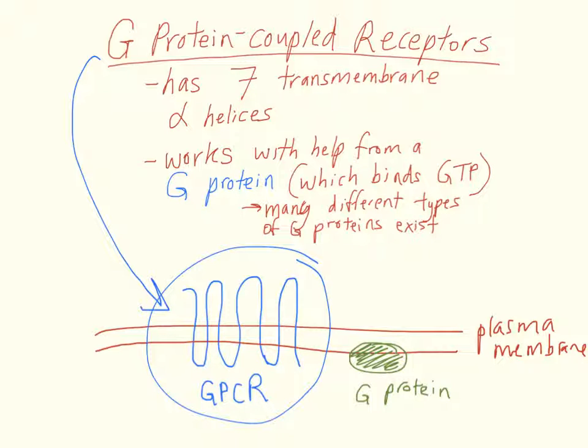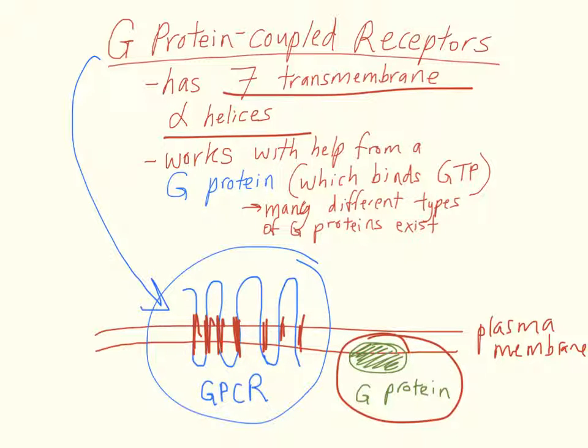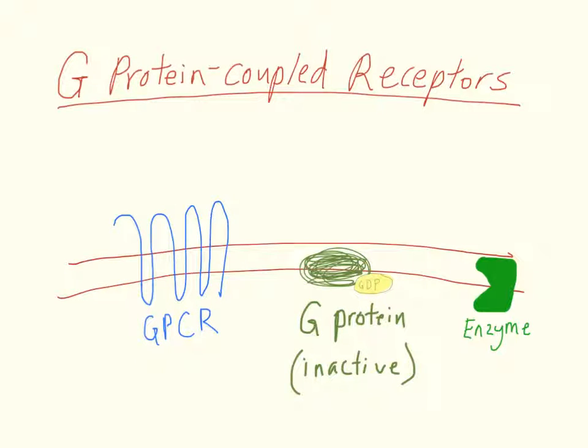Each G protein-coupled receptor has 7 transmembrane alpha helices, as shown here. And they work with help from a G protein, which binds GTP. There are many different types of G proteins, and they do different jobs, activating different cellular signals.